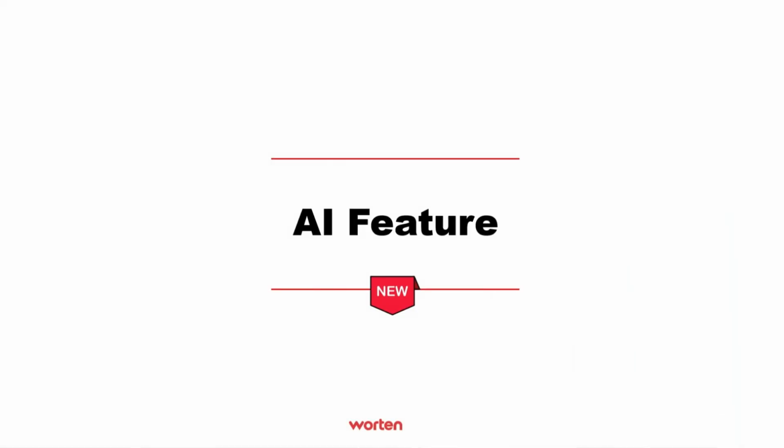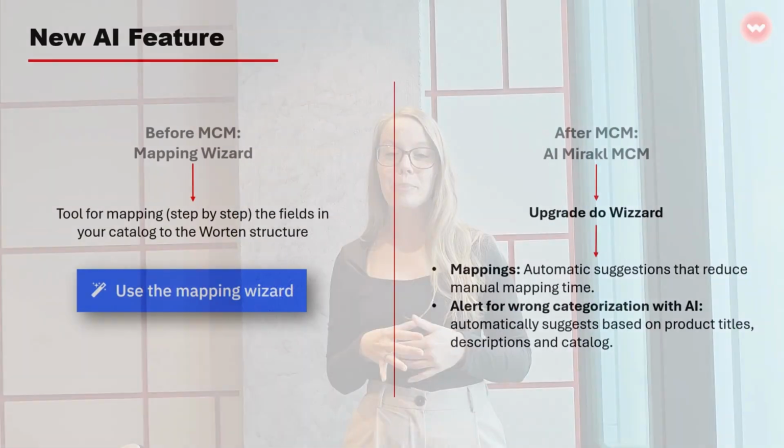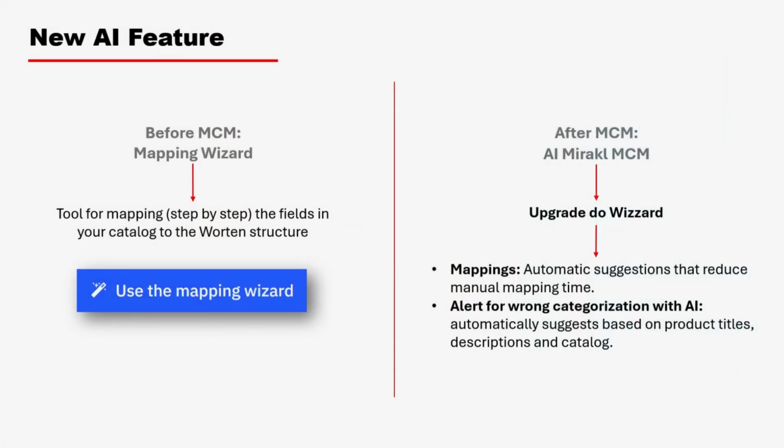We have arrived at the last topic of our webinar. Let's now explore the new AI feature available in the Mirakl Catalog Manager. This feature is an upgrade of the old mapping wizard. Before MCM, we used the mapping wizard as a tool that guides you step by step to map your catalog fields to Worten structures.